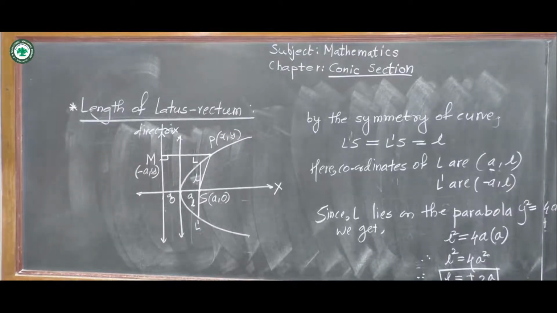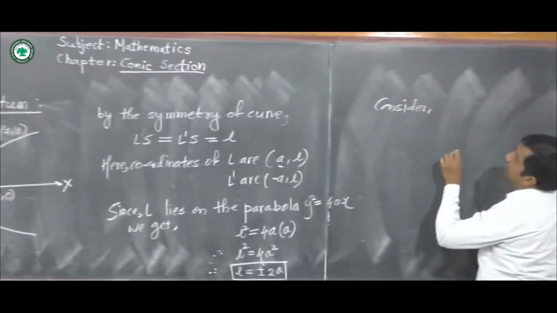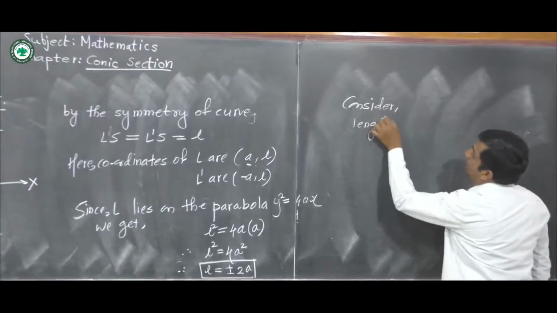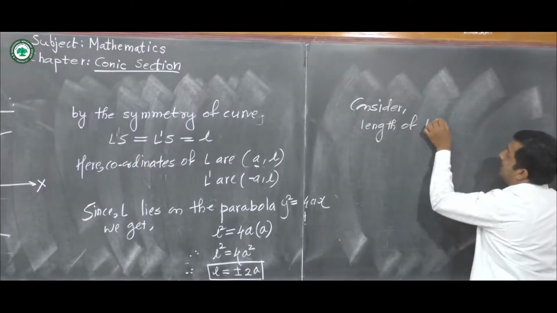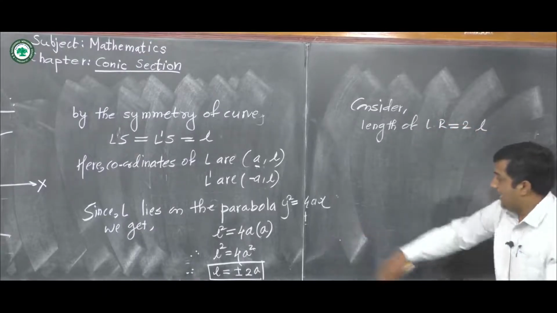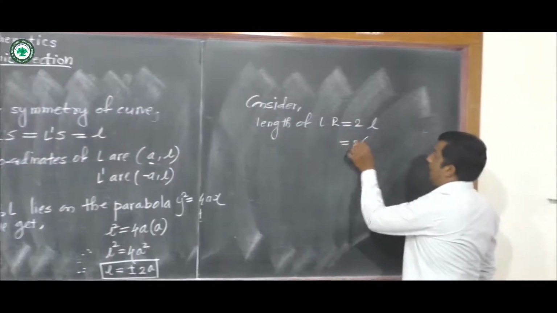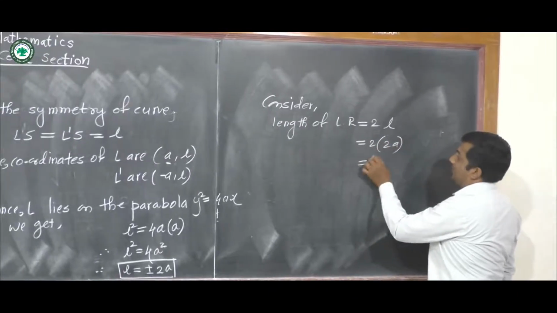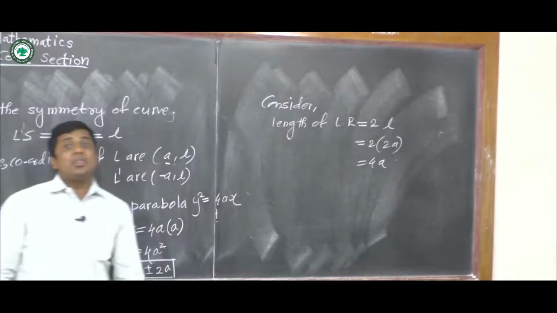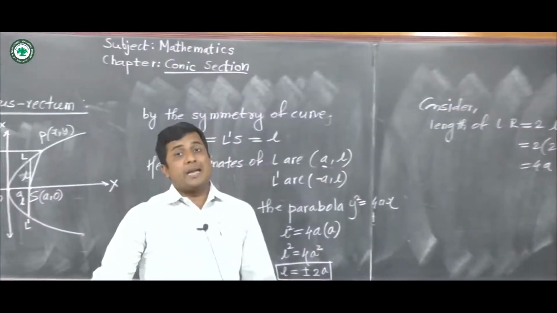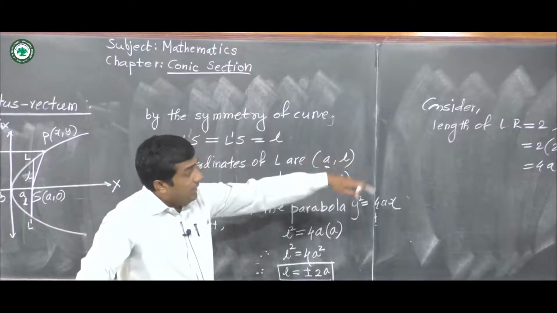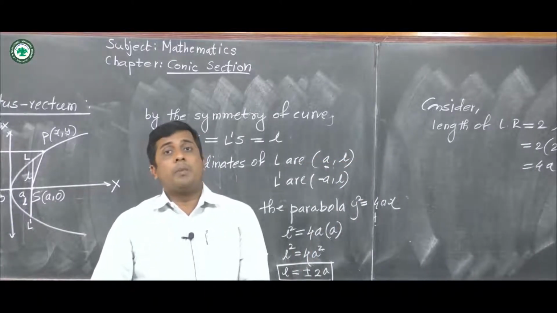Consider the length of the latus rectum, which is equal to 2 times l. We know l is 2a, so 2 into 2a is equal to 4a. So 4a is the length of the latus rectum.